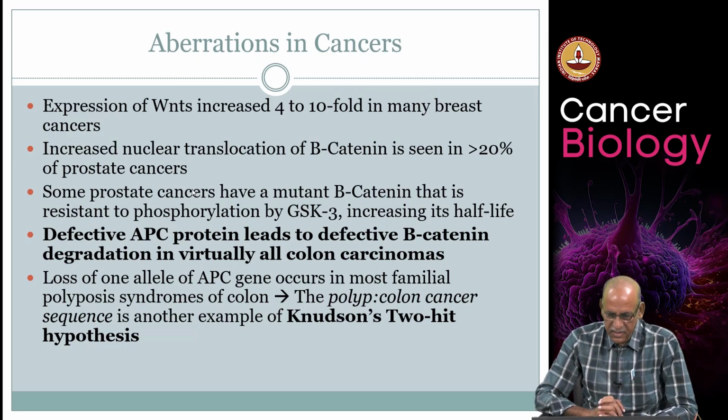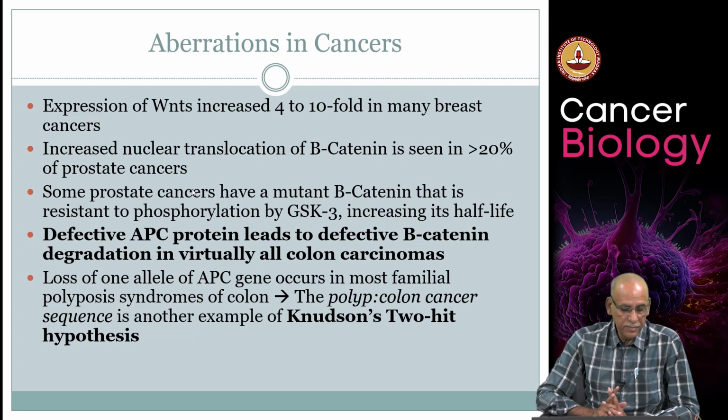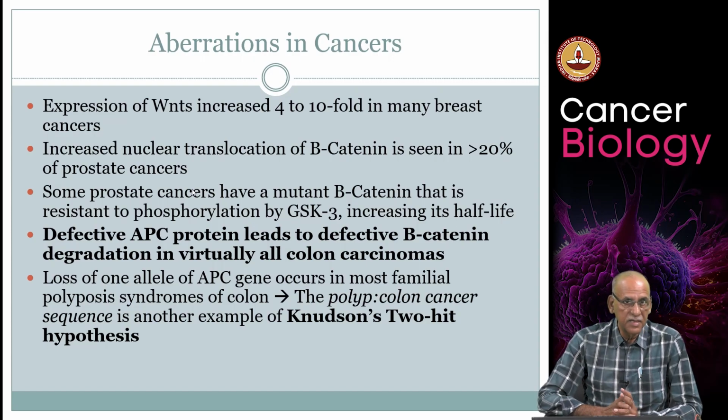Some prostate cancers have a mutant beta catenin that is resistant to phosphorylation by GSK3 beta, increasing its half life. Because you see, phosphorylation of beta catenin by GSK3 beta is necessary for its degradation, right.